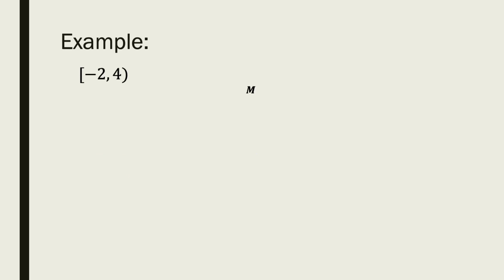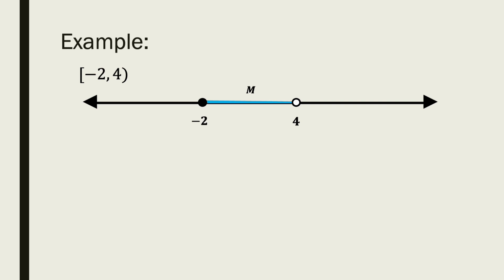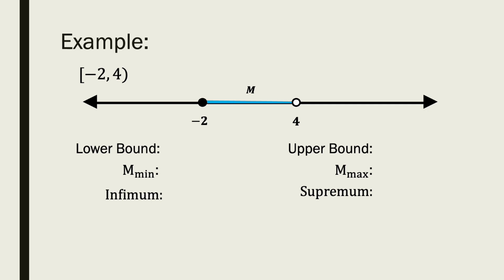For our final example, let us have this set, negative 2 to 4. This set is called a bounded set because it is bounded below, at the same time it is also bounded above. So for this example, we will identify both the lower bounds and the upper bounds. Let us take first the lower bound.